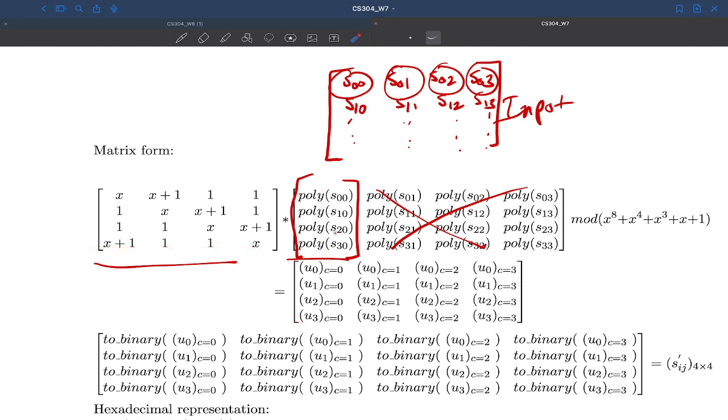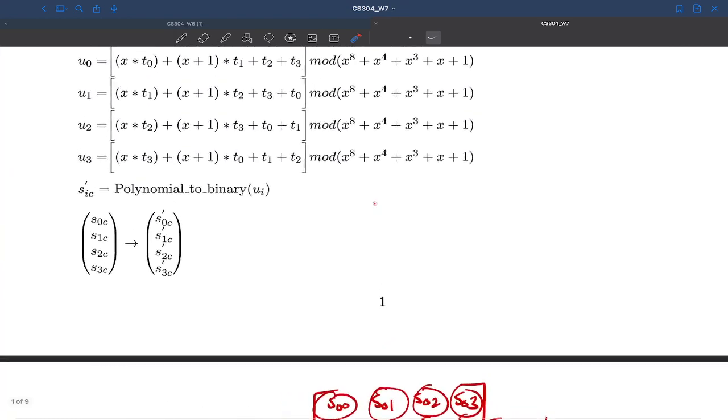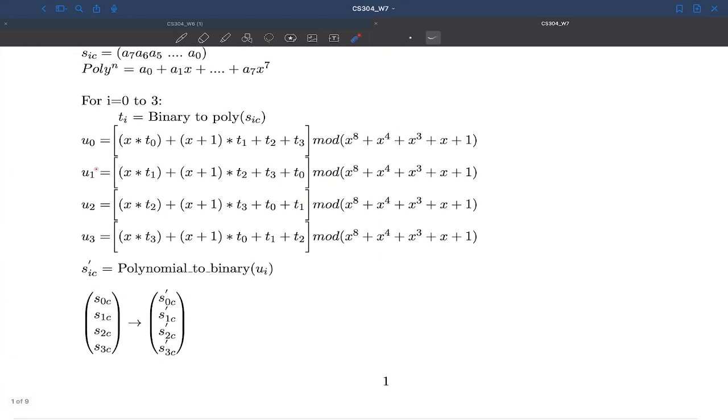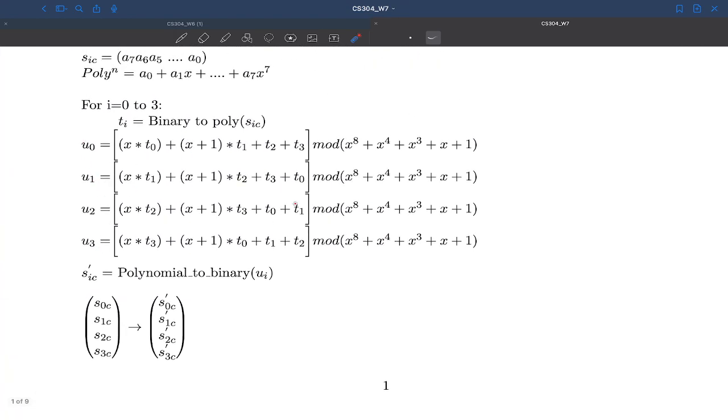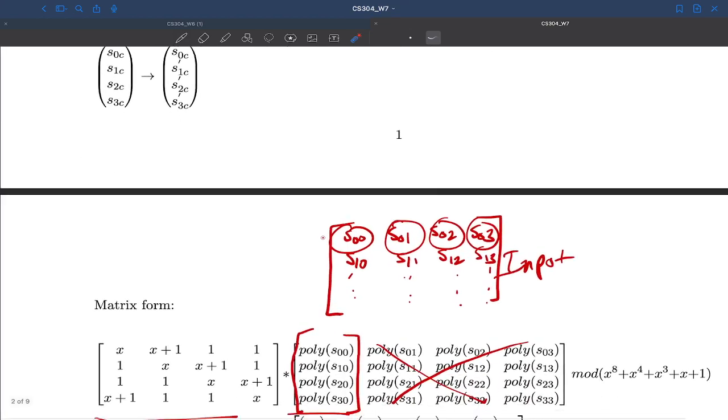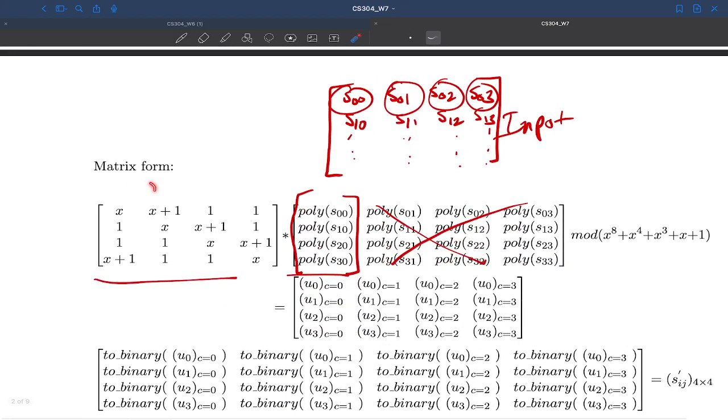Are you seeing what I am trying to show you? Here we find u0, u1, u2, u3 using these formulas by explicitly doing calculation separately for each ui. Here I am just using a matrix.